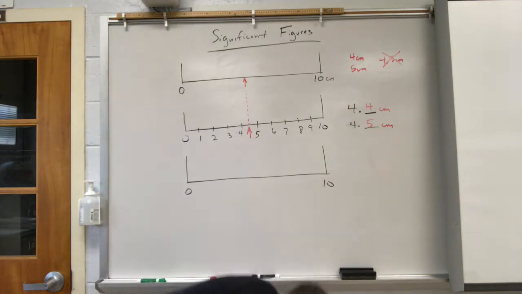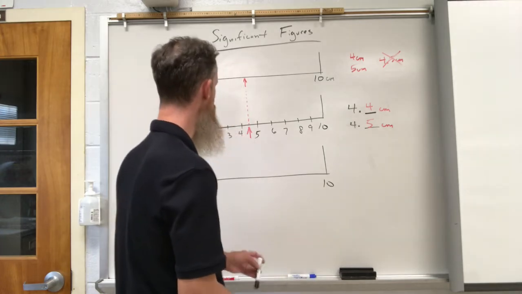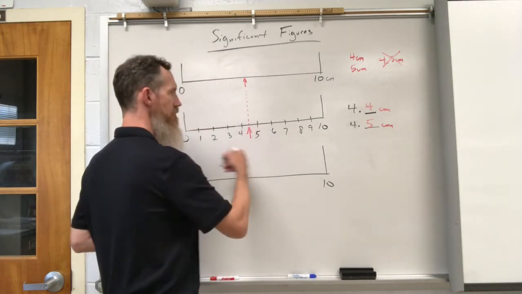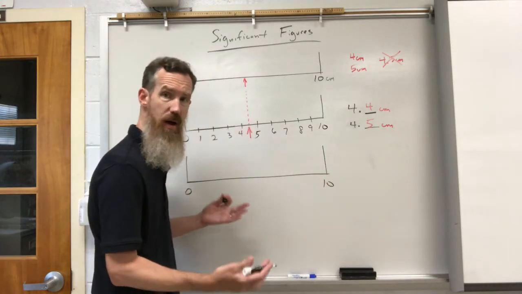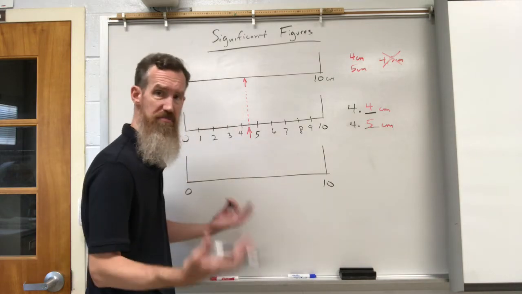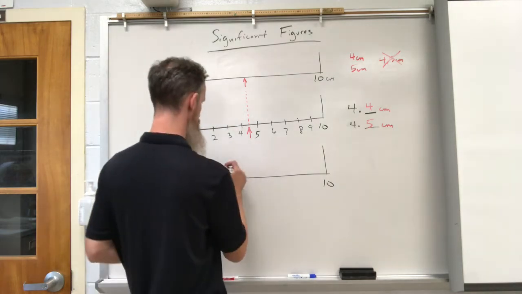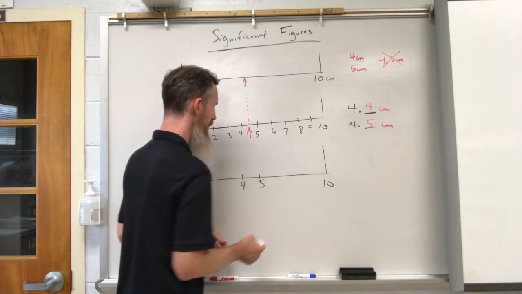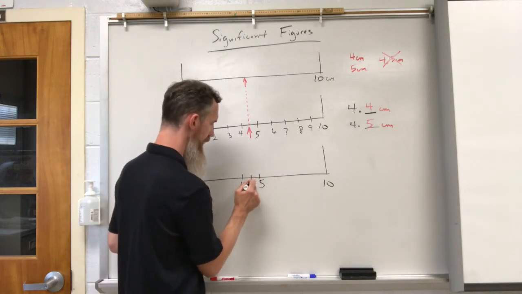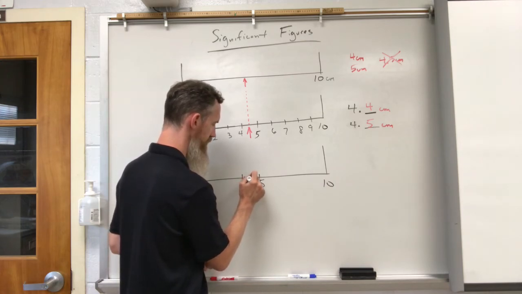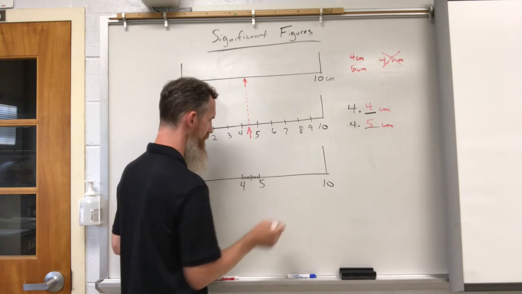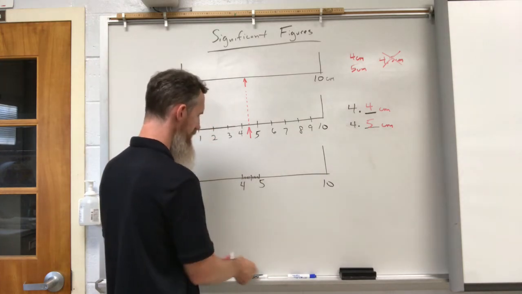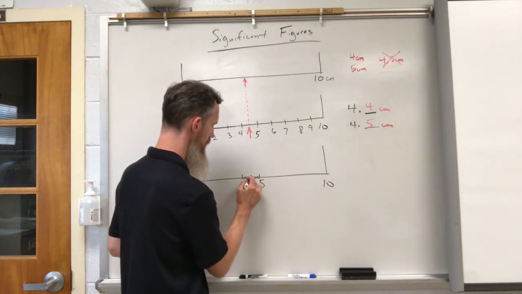So let's take this ruler and make a third ruler that's even more precise. I'm not going to draw the whole ruler. I'm just going to draw between 4 and 5. And let's pretend that this particular ruler has the divisions 1, 2, 3, 4, 5, 6, 7, 8, 9, 10. And let's say that this is right here.